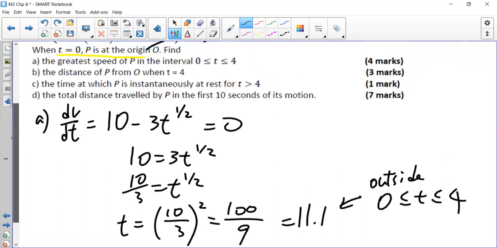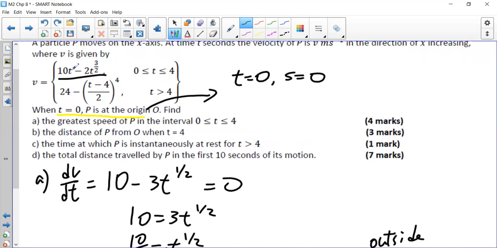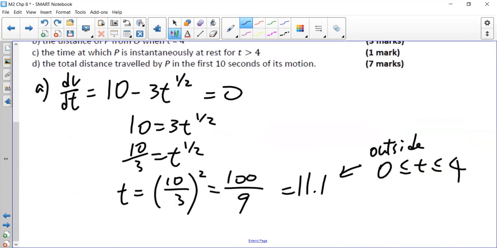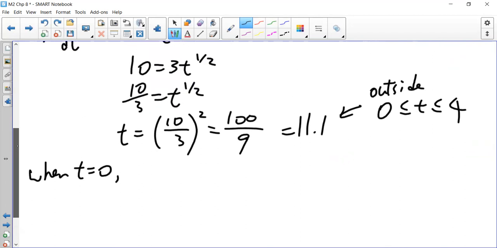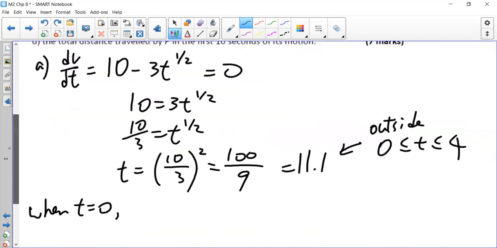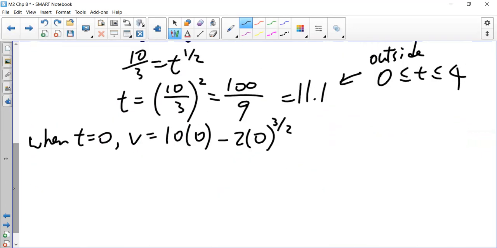So how do you work it out then? Well, that's where you try putting in numbers. You can try putting 0 and 4 in there. Therefore we can't accept t equals 11.1. When t equals 0, v is 10 times 0 minus 2 times 0 to the power of 3 over 2, and you should get 0.